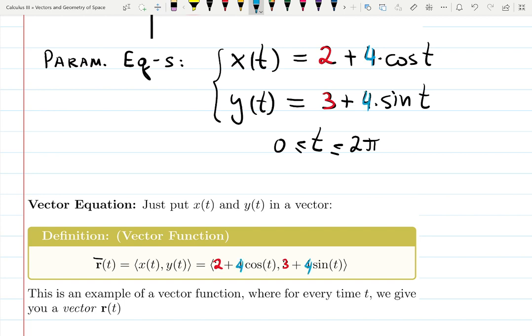So 4 means radius, 2 and 3 is the center. If the center is 0, 0, it should be just 4 cosine, 4 sine. This is an example of a vector function where for every t, it gives you a vector. A vector. That is what's happening here.